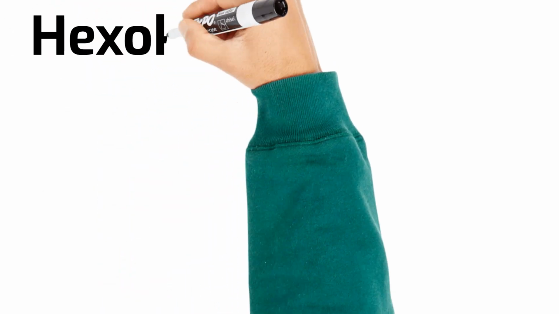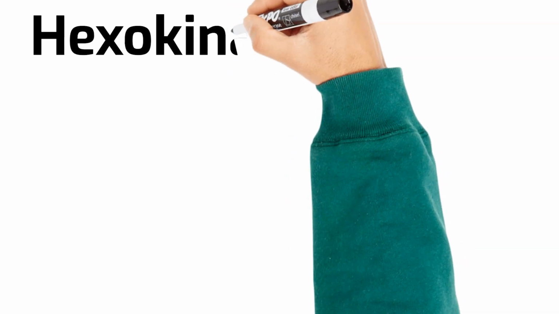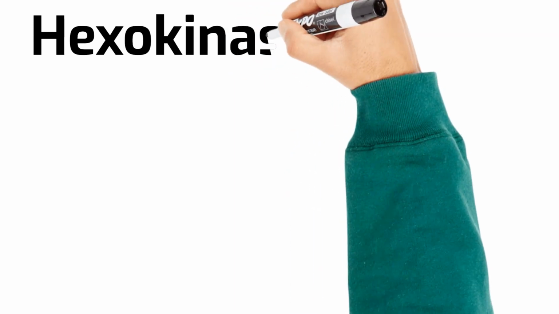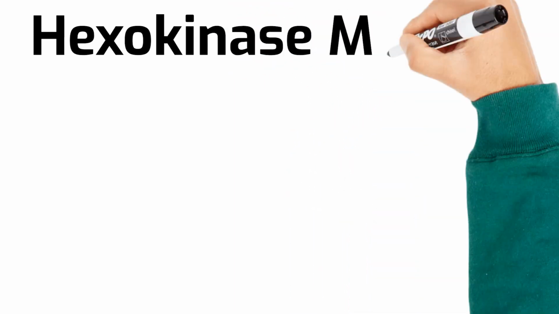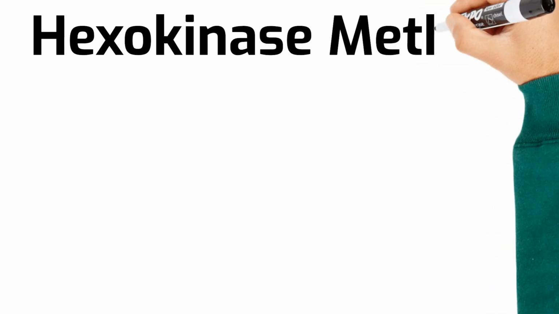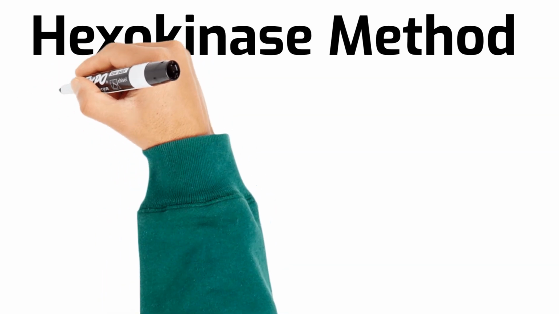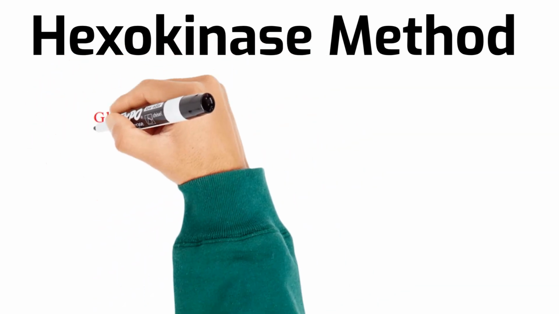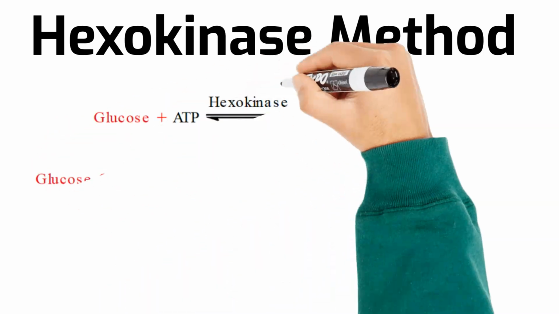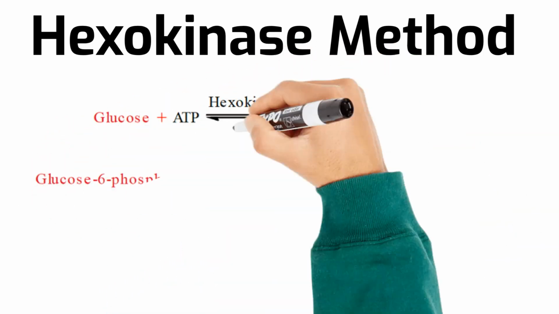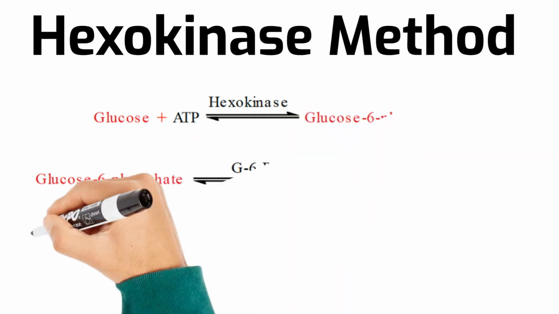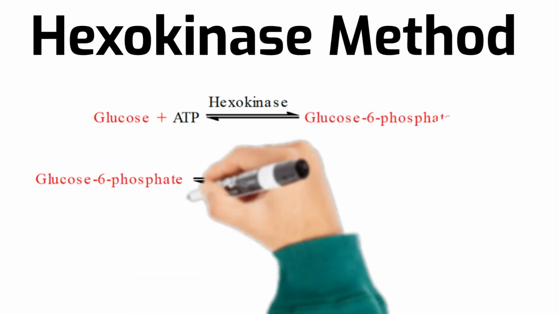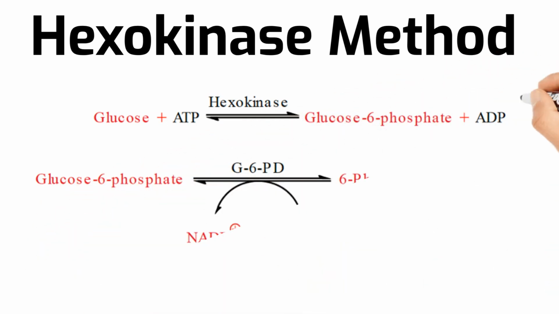The hexokinase method is based on a coupled enzyme reaction that uses hexokinase and glucose 6-phosphate dehydrogenase. It involves phosphorylation of glucose to glucose 6-phosphate by ATP in the presence of hexokinase and magnesium, which is then oxidized to 6-phosphogluconate by glucose 6-phosphate dehydrogenase in the presence of NADP+ or NAD+.